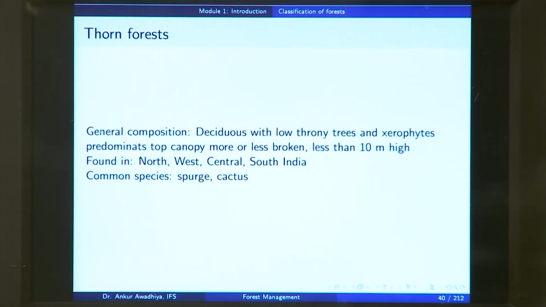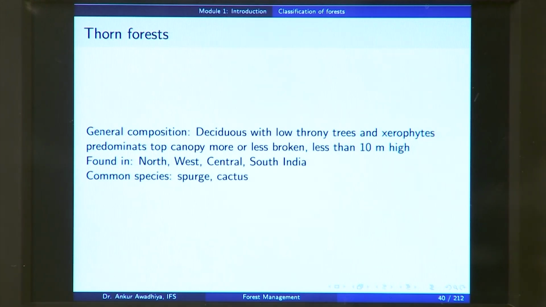So, the predominant species are some deciduous trees, which will shed their leaves in certain parts of the year, with low thorny trees and xerophytes, and the top canopy is more or less broken, because you hardly have any canopy.